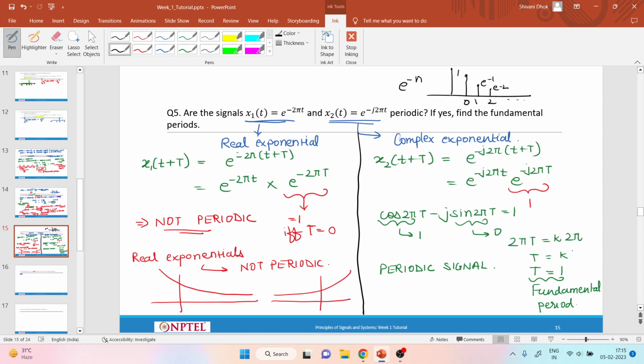So again, for discrete real exponentials, it won't be showing periodicity. I hope it's clear. You obtain this discrete exponential just by sampling these, and therefore it won't be periodic.